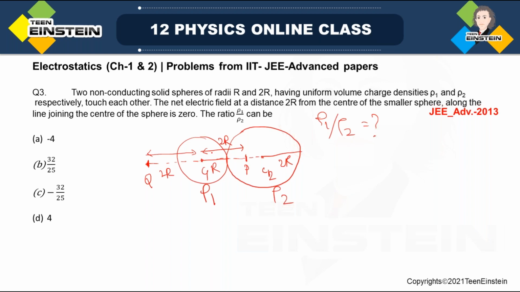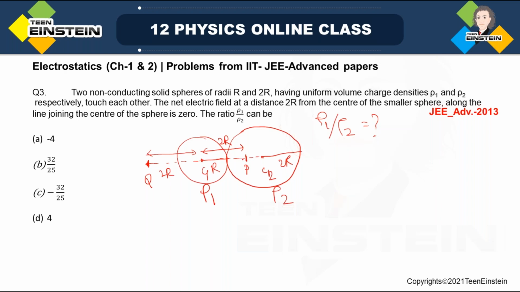So I can have two possible points or positions. This is 2r distance away, this point, because this is 2r. So P is one point and Q is another point. These two points are on the line joining the centers, right?